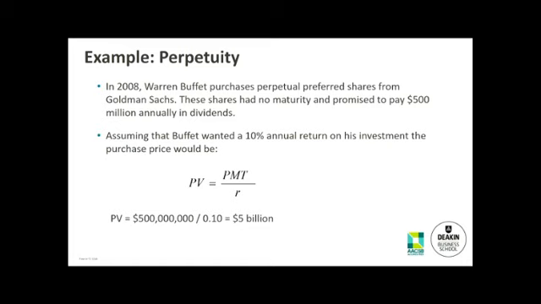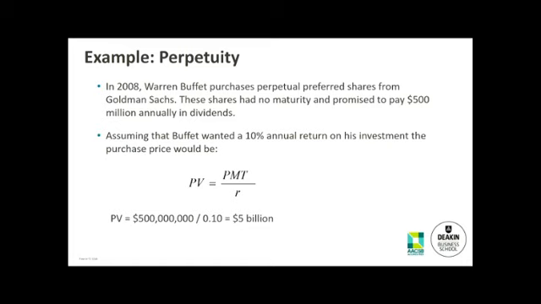If this is the case, it is a perpetuity, right? $500 million every year, lasting forever, at 10% per year. Then what is the value of this perpetuity? It should be 500 million divided by 10%, which is $5 billion.